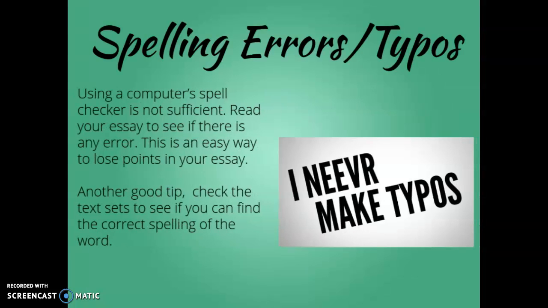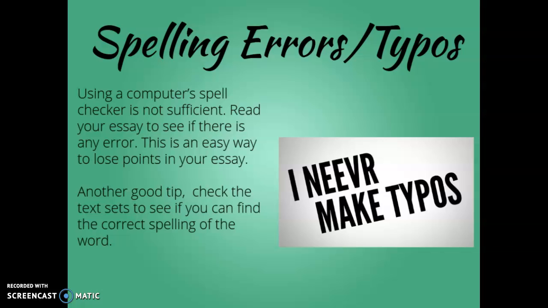Okay, and then spelling errors and typos. I understand that there's no spell checker when you're writing your FSA. And even if there is, there's still going to be spelling errors that spell checker isn't going to find for you. But what you do have is the text set.